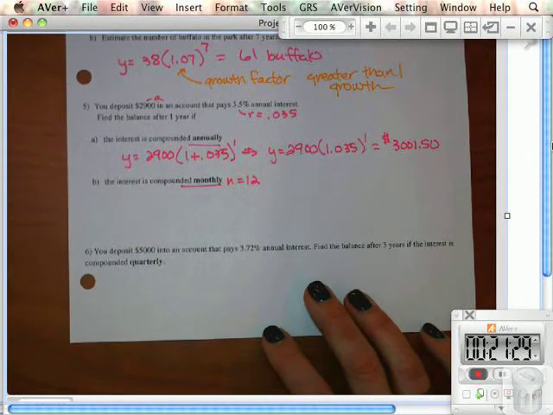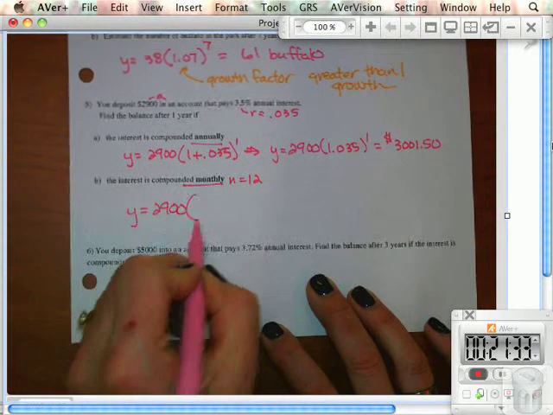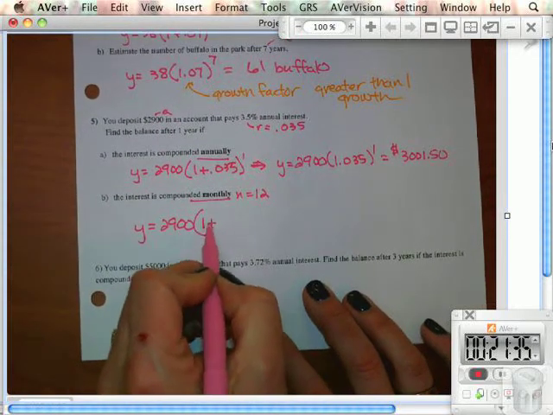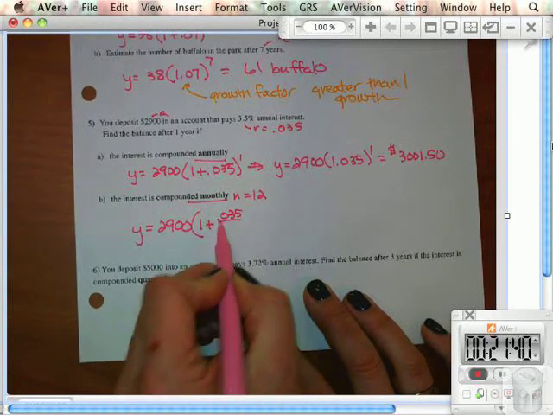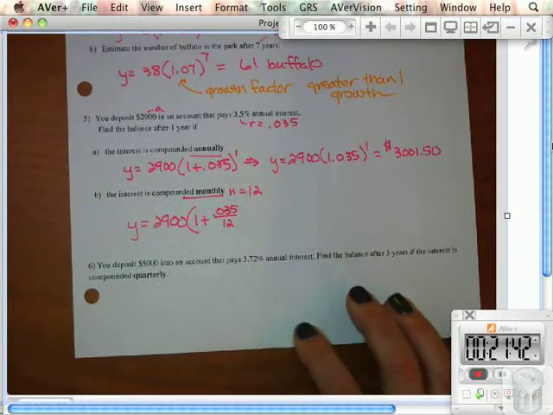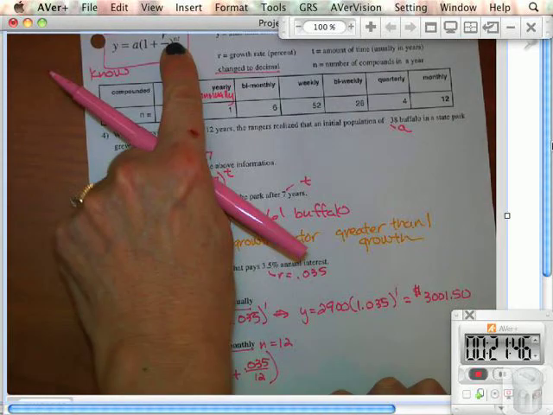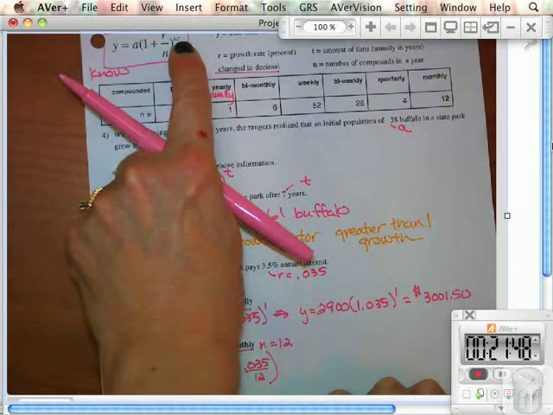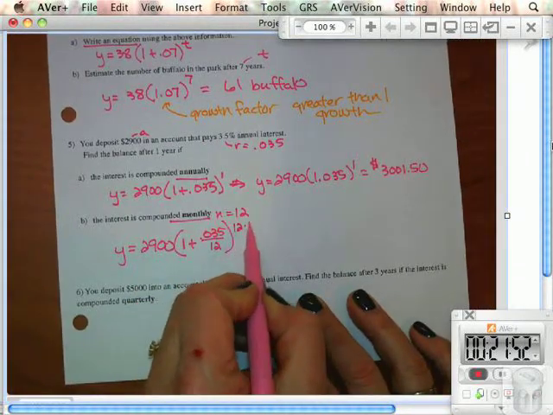So let's write this equation now using n. So I have my starting amount, 1 plus my rate, which is still 0.035, but now I have to divide it by n, which is 12. And then the other part of the equation is 12 times t, right? So n is 12, and my t is still 1 year.